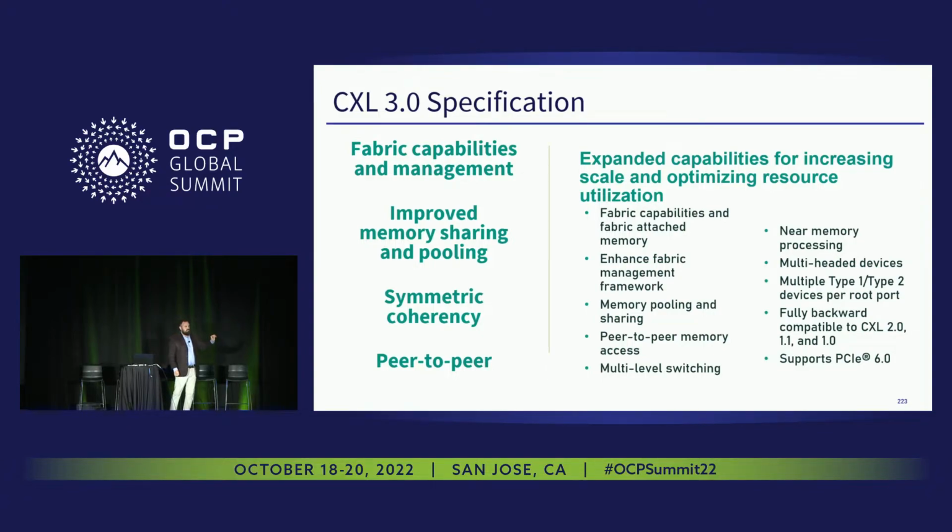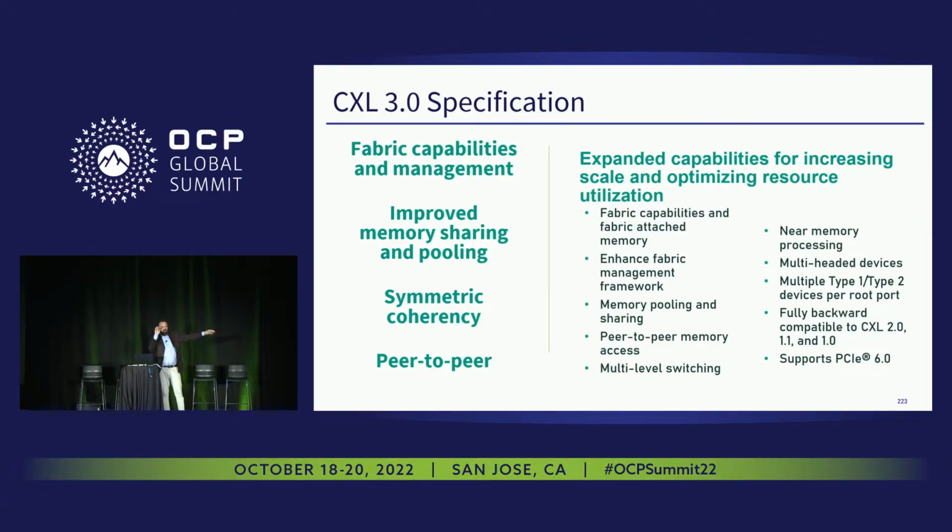Previously, memory pooling was restricted to: we have a large pool, this piece is connected to this head, this piece is connected to this head. Now with memory sharing, we can say this piece can be shared by both heads, and symmetric coherency is one of the mechanisms that enables that.